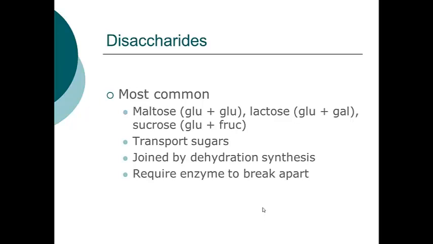This is, again, 2 monosaccharides joined by dehydration synthesis, and they are held in that position for transport. When they reach the site at which they're going to be used, the plant, or in this case perhaps the animal, will produce an enzyme necessary to break them apart.